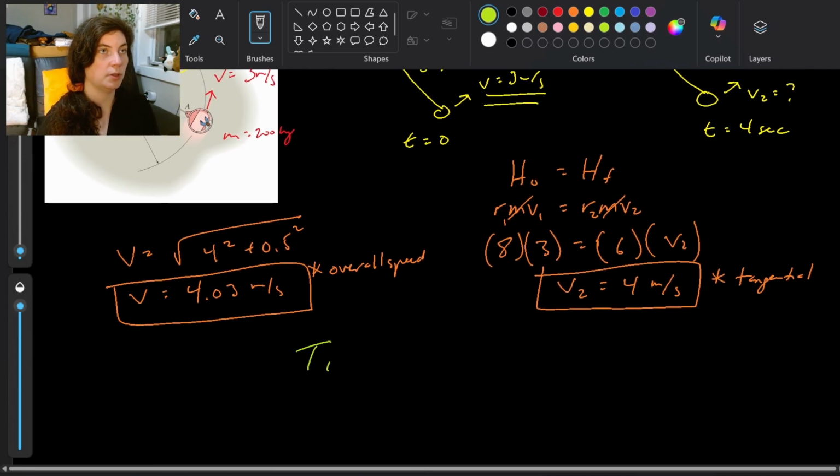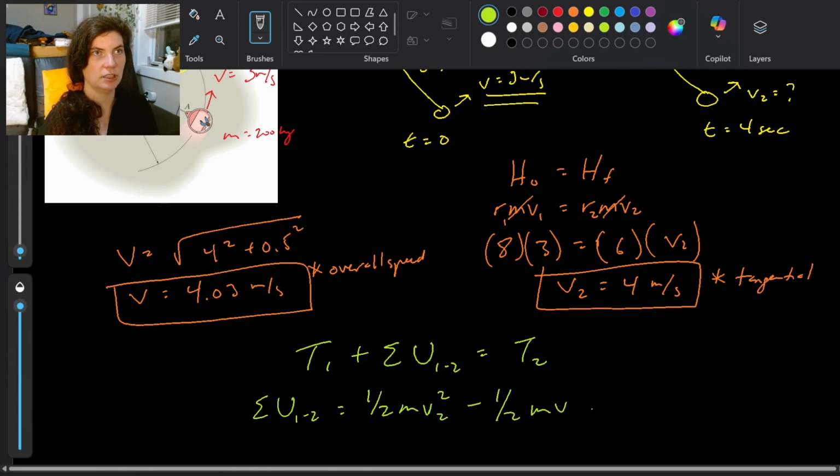From our principle of work and energy, our initial kinetic energy plus the work done equals our final kinetic energy. So if I want to find that work done, I'm going to take our final kinetic energy, 1/2 m v2 squared, minus that initial kinetic energy, 1/2 m v1 squared.